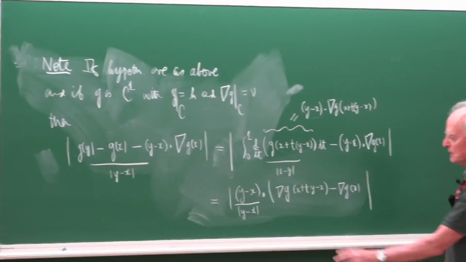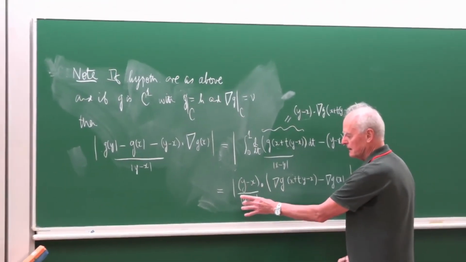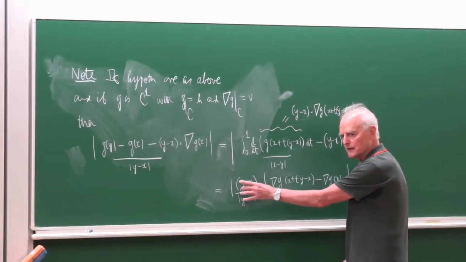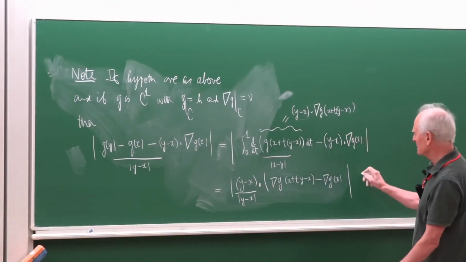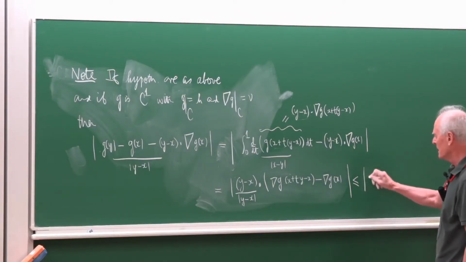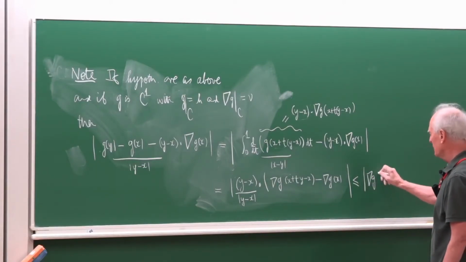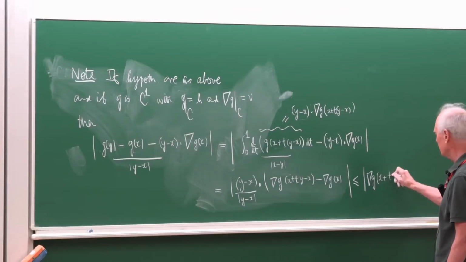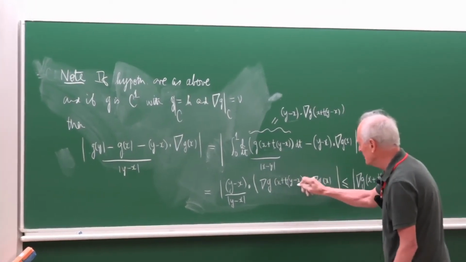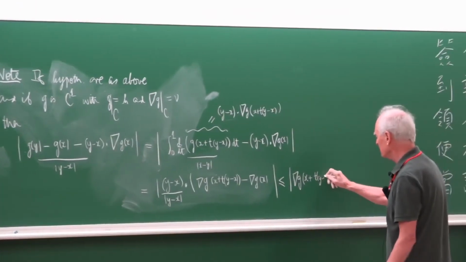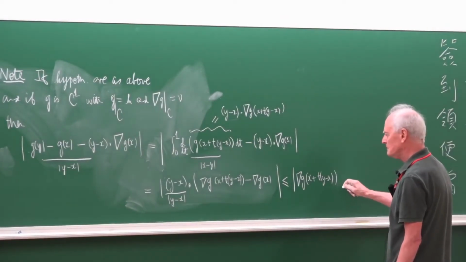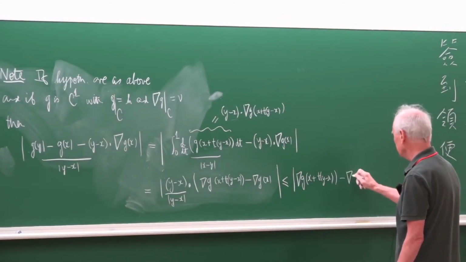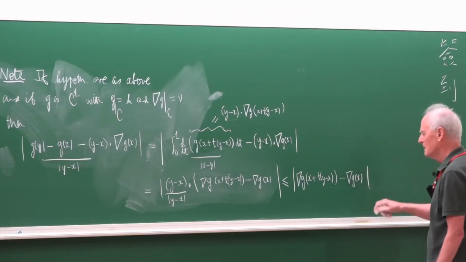And by the Cauchy-Schwarz inequality, notice this ratio is a unit vector. So by Cauchy-Schwarz, this is less than or equal to the length of the gradient of g at x plus t times y minus x, minus the gradient of g at x.